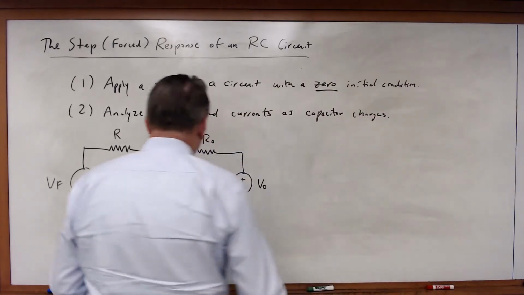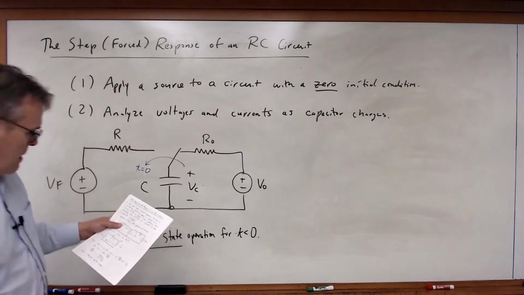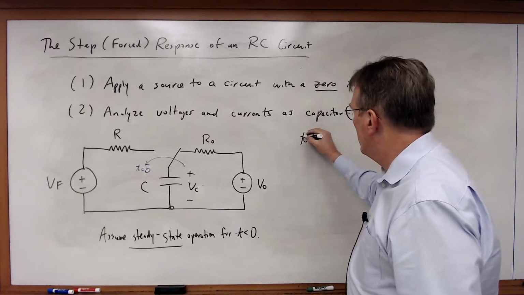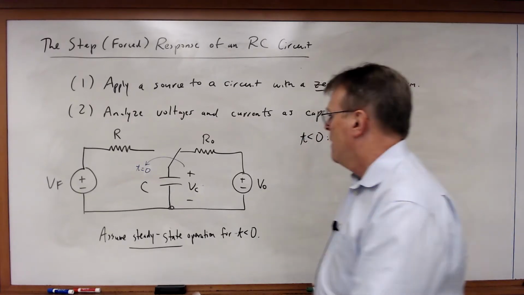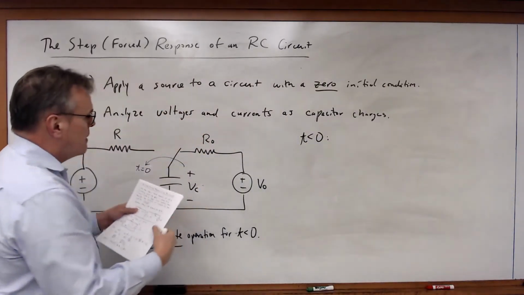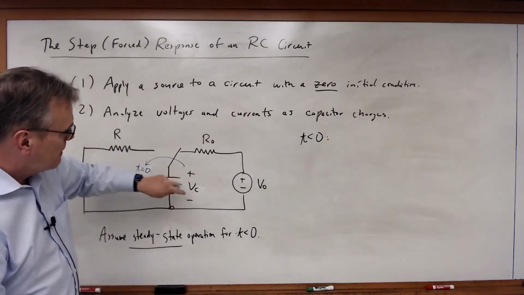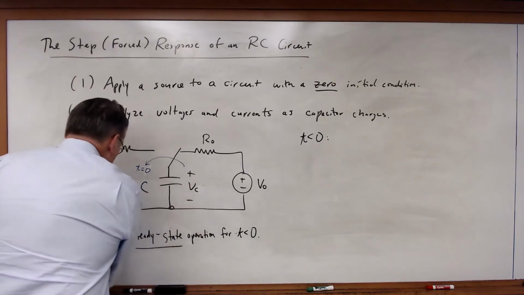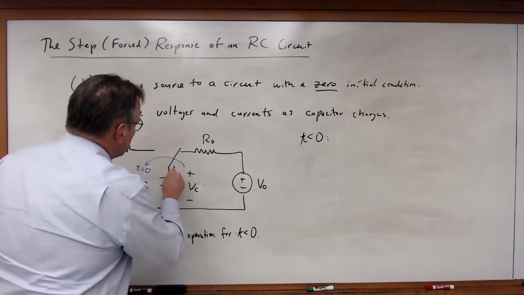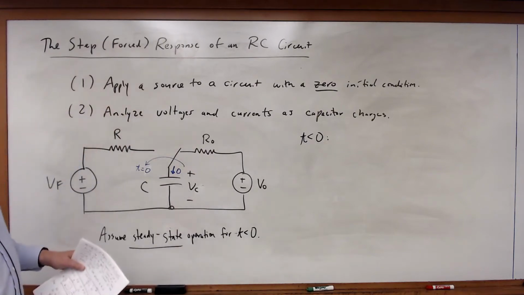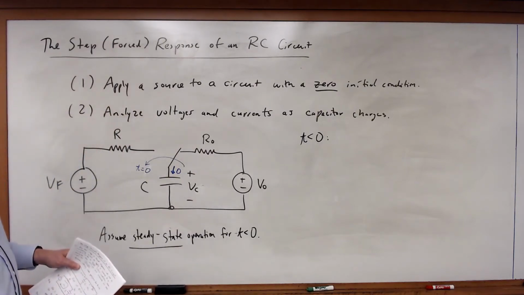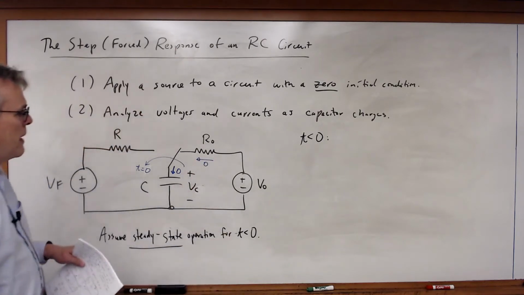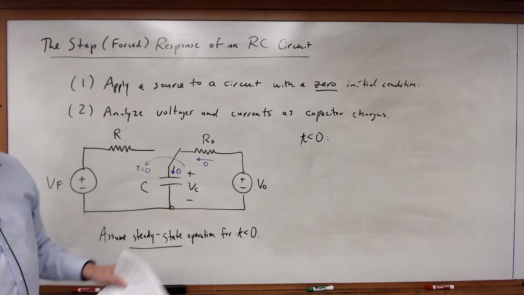And so in this case, if we look for t less than 0, our capacitor is connected. Once again, for steady state, we are assuming that our current must therefore be equal to 0, just as we saw before. And therefore, I've got 0 current through this resistor, and therefore VC must be equal to V0.